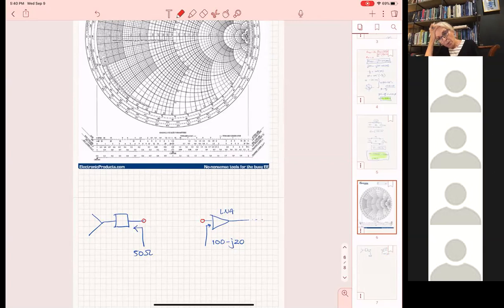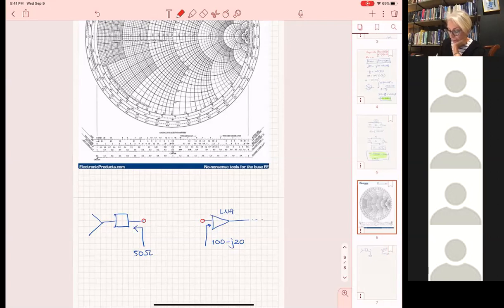So we might be slightly different from the one I gave you, but it's going to be accurate. In design problems, there's not only one possible solution, which is good, because if you find one solution on paper that works, but you cannot implement it, then you can go back and do a different solution. All right, so let's see where we are going to go with the Smith chart.